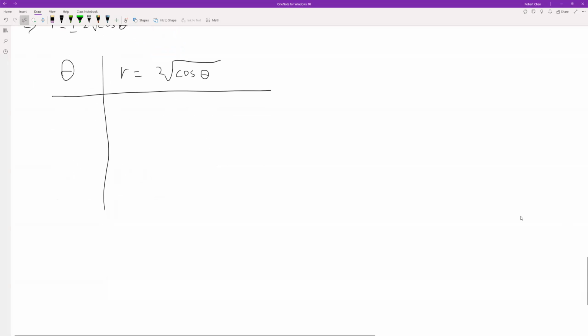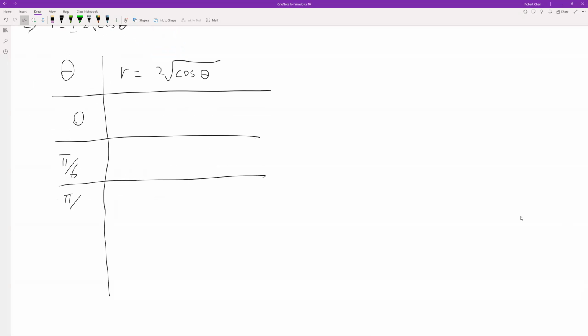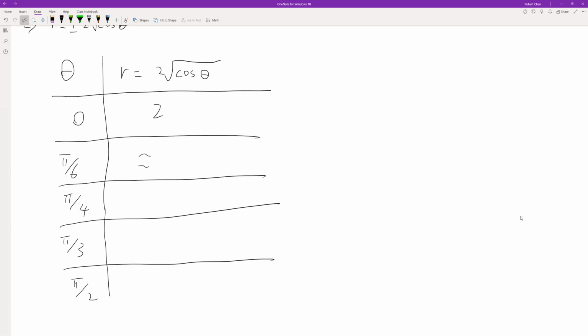Let's do 0, pi over 6, pi over 4, pi over 3, and then pi over 2. So just all the special angles. What I'm going to do now is punch that into the calculator and we'll see what we have. So this is going to be 2, about 1.9, about 1.7, about 1.4, and then 0. All right, so let's plot these points.